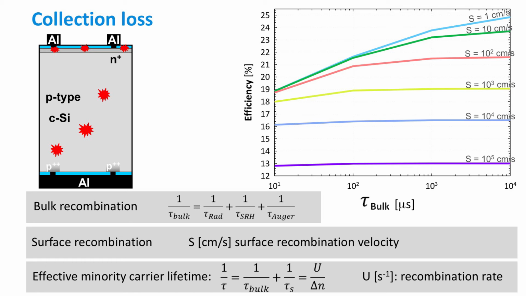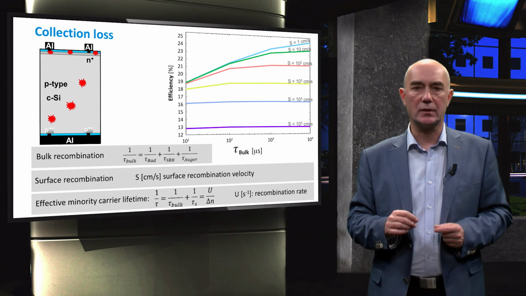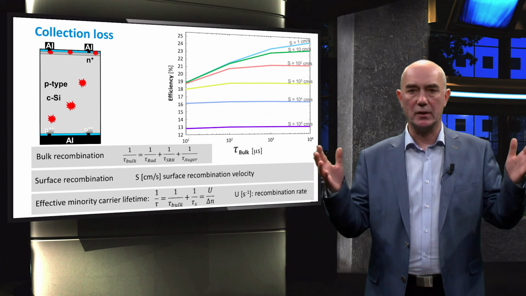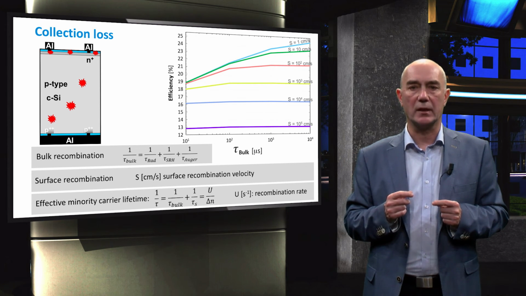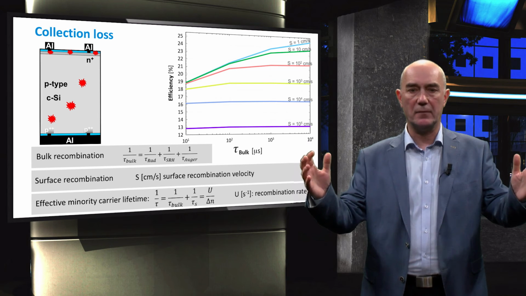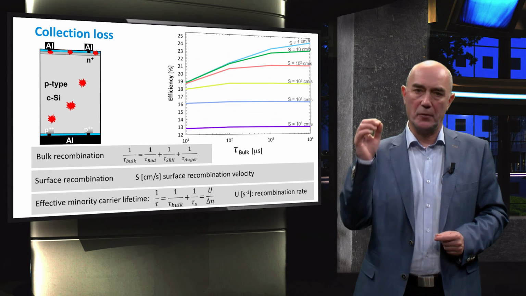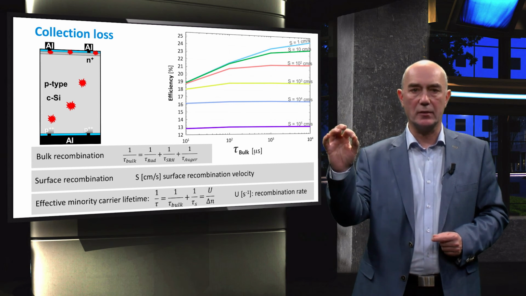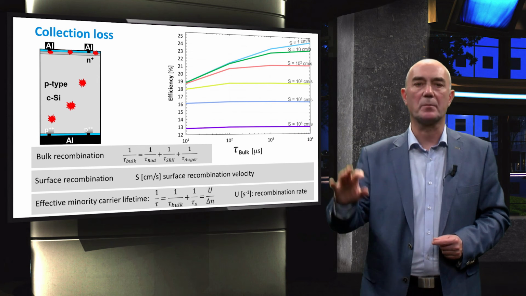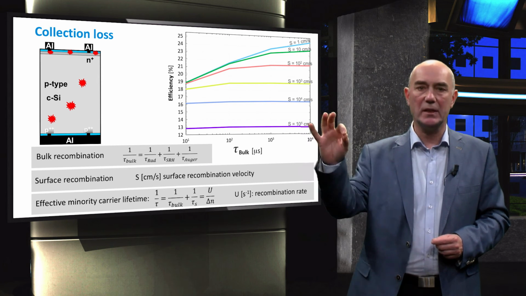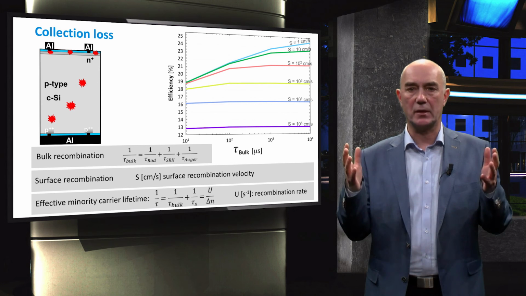We can see that when the surface recombination is high, the efficiency of a solar cell is almost independent of the bulk minority carrier lifetime. Therefore, good passivation techniques are necessary to reduce the surface recombination velocity and to increase the efficiency. So for obtaining a high efficiency solar cell, a high quality absorber material and extremely good passivation of surfaces is required.